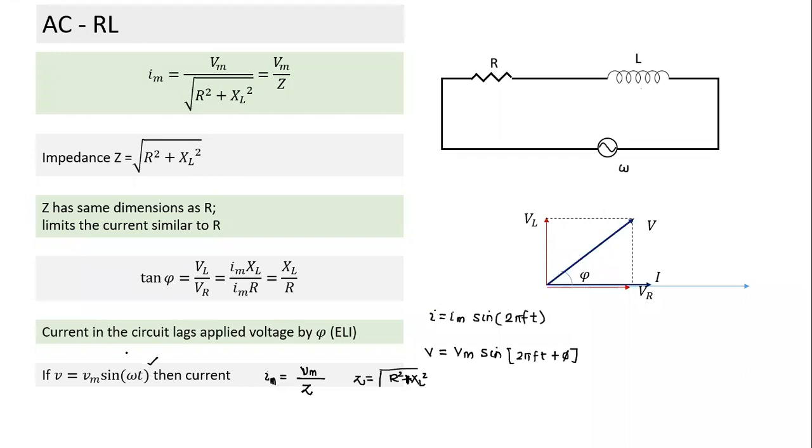I can find tan phi. So current will be equal to Im sine of omega t minus phi, since current lags. And all the terms can be found. That's the purpose of today's discussion: how to find the current in a circuit if the voltage and these two electrical elements are given.